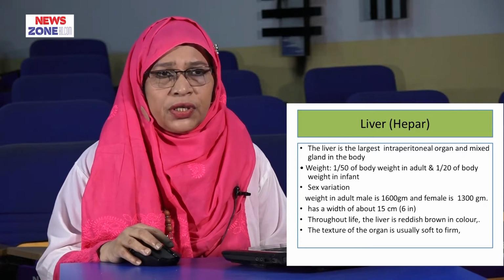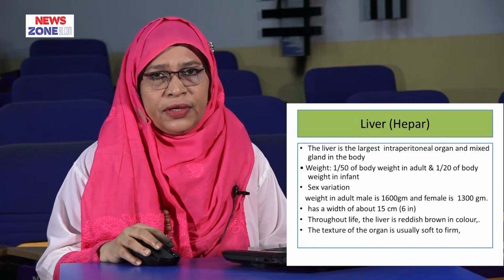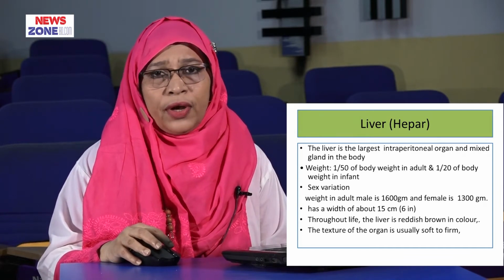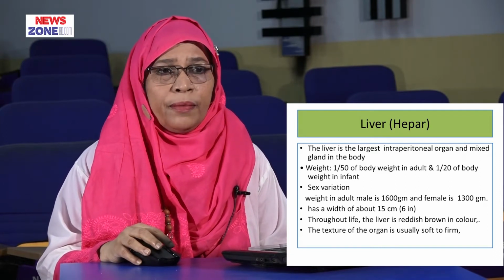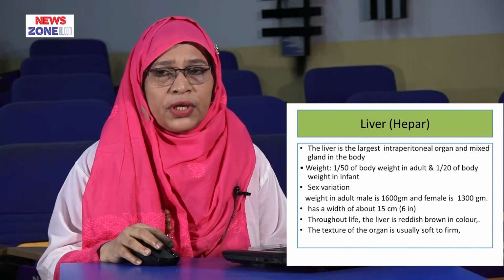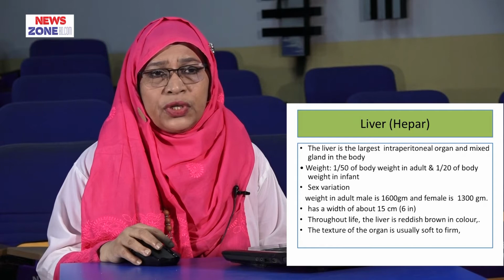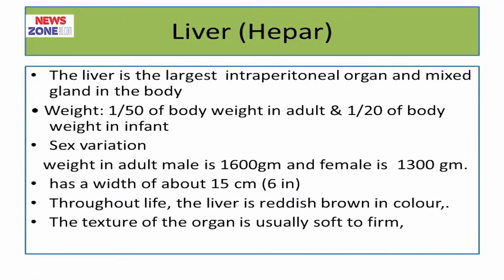So bile is produced by the liver and transported through the bile duct; it is the exocrine part of the liver. And then the endocrine part: we know that the secretion of the endocrine part is transported through the blood to the target organs. So the liver can also produce different proteins and protein factors. These are its endocrine functions.